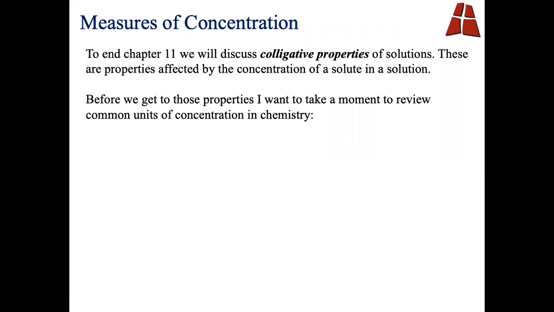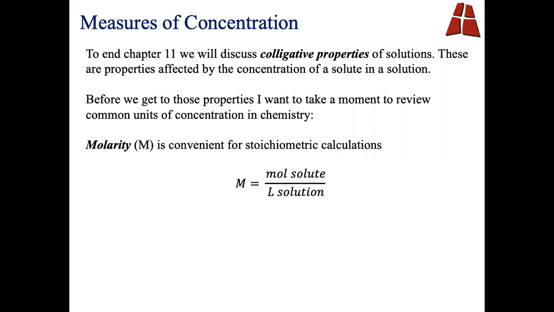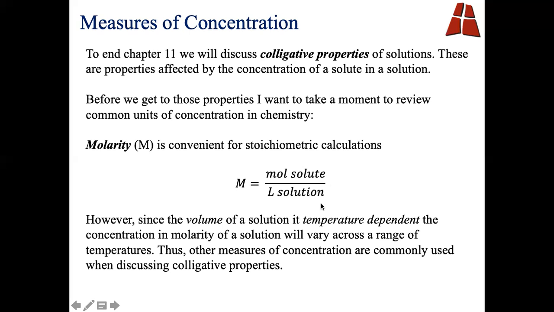However, before we get into those, I want to expand our understanding of different units of concentration, or how we might measure concentration in chemistry. And so one that you are all familiar with already from Gen Chem 1 is molarity. So molarity is, of course, the moles of our solute, and then we're dividing by the liters of solution. And so, of course, you know already that molarity is moles per liter, but we can add these qualifying words to be a little bit more specific, to say that it's moles of solute per liters of solution, right?